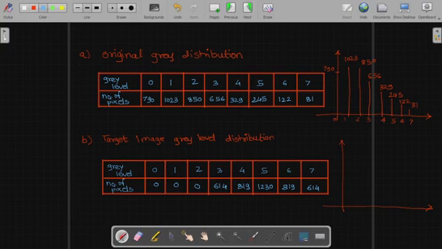And for the second, target image, we also have gray levels 0, 1, 2, 3, 4, 5, 6 and 7. Here 0, 0, 0. At 3 we have 6, 14 pixels. At 4 we have 8, 19 pixels. At 5 we have 12, 30 pixels.